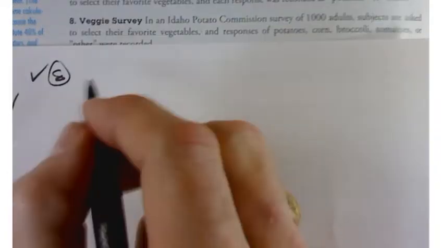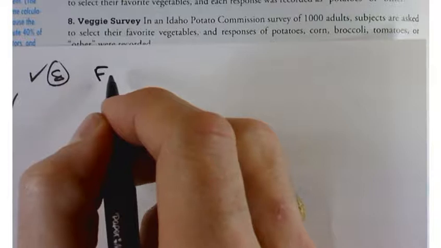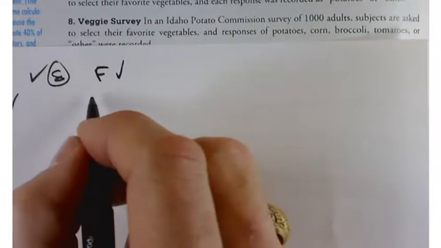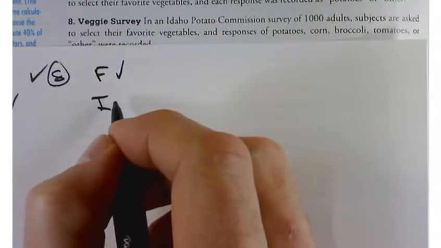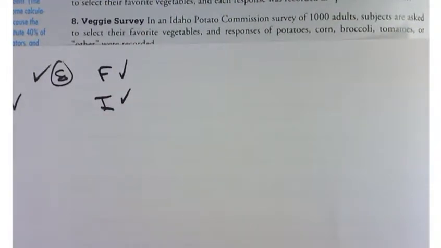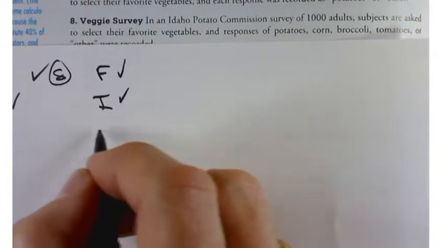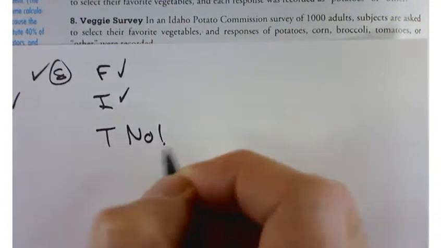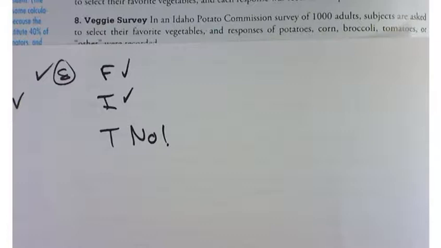So, fixed number of trials? Yep. Independent. Yeah, what somebody likes is independent of somebody else. 2 outcomes? No. There's more than 2 outcomes, so we can stop there. It's not a binomial random variable. So we'll just stop.